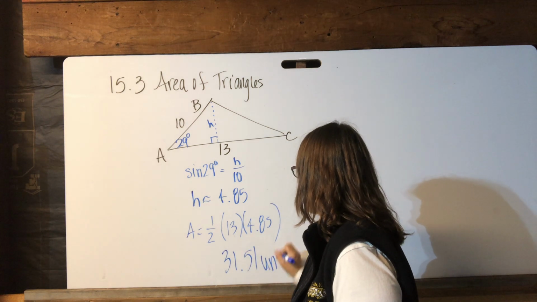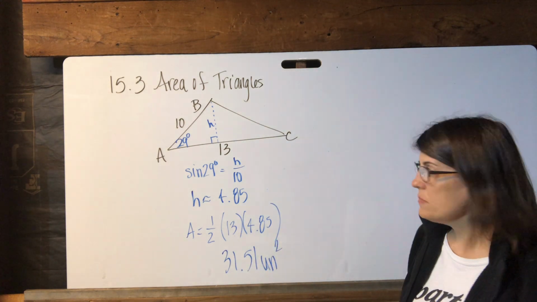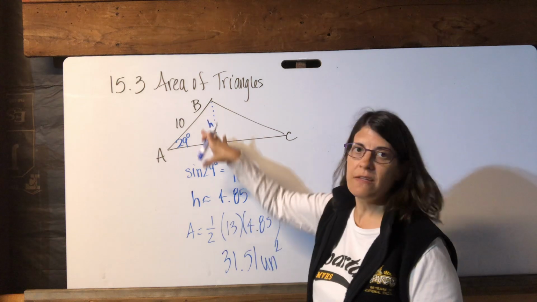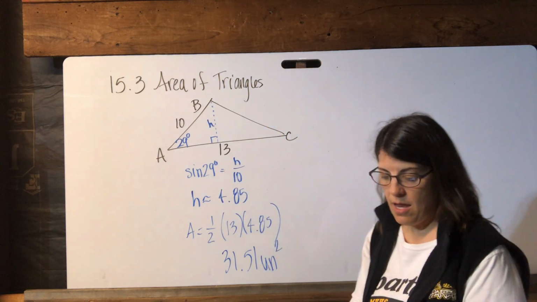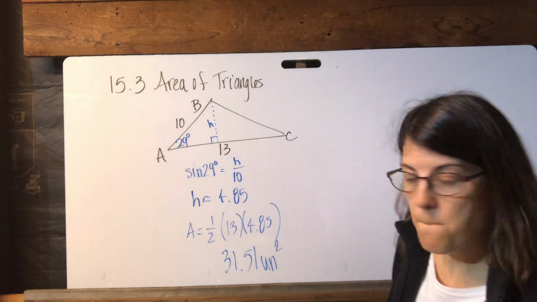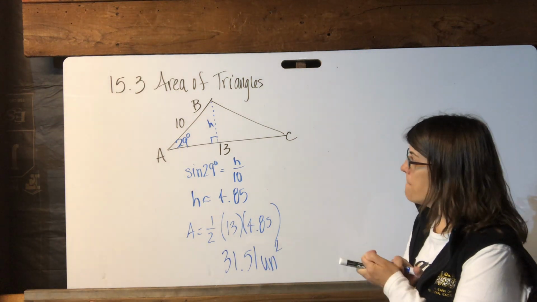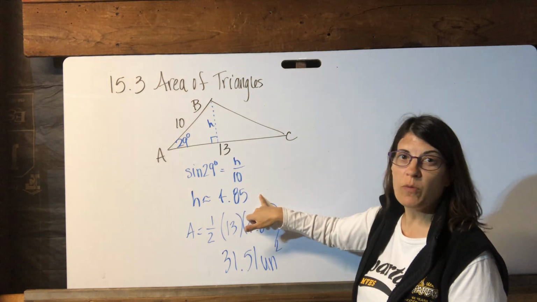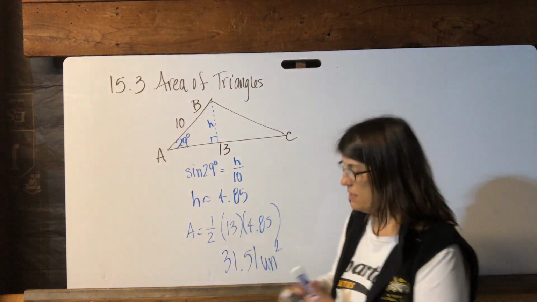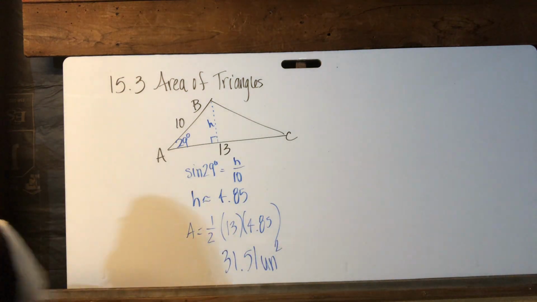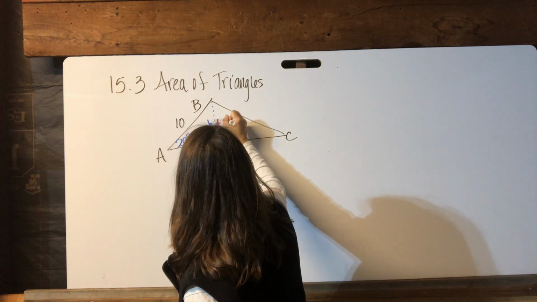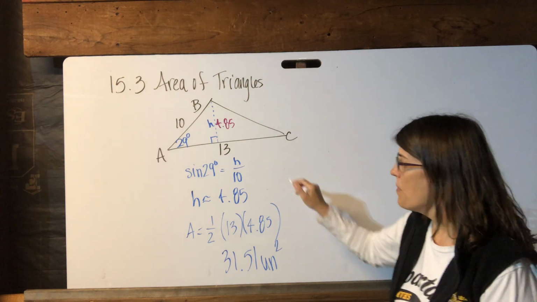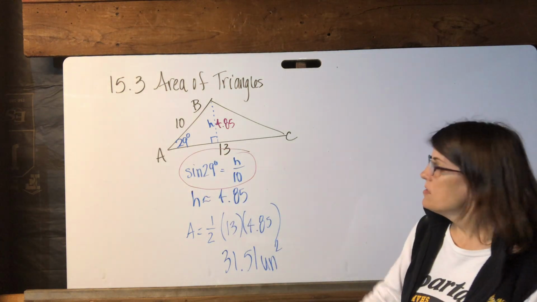I'm going to tell you that there is another way to do this problem that doesn't involve dropping the perpendicular, and you can just do a straight plug and chug. This height, which we said was approximately 4.85, came from our calculator.